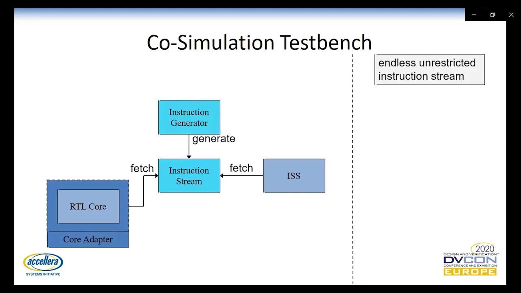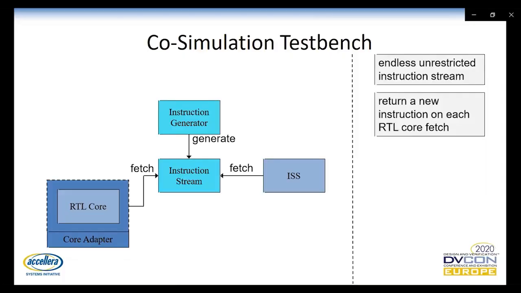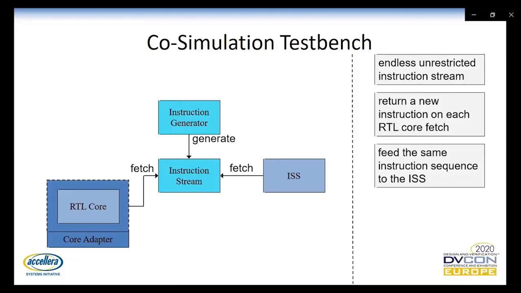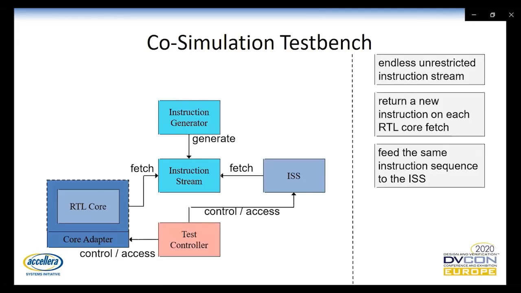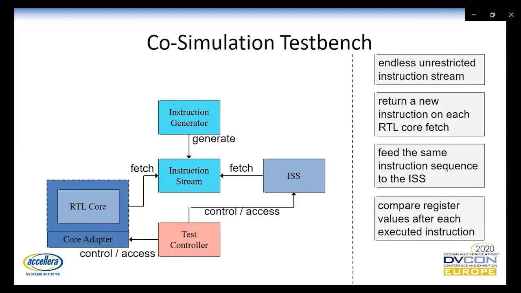The RTL core fetches first and gets a new instruction on each fetch. A test controller is provided to control and access the RTL core as well as the ISS. It compares the architectural state, in particular the register values. The program counters are compared implicitly by matching the instructions on the generated stream.